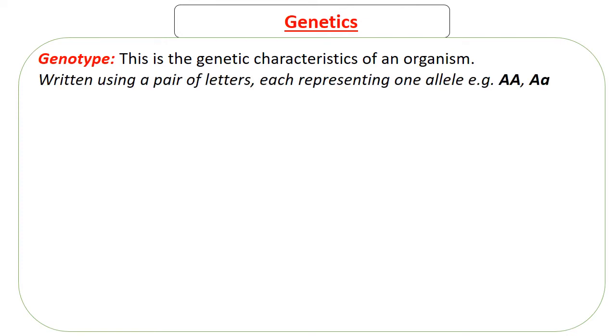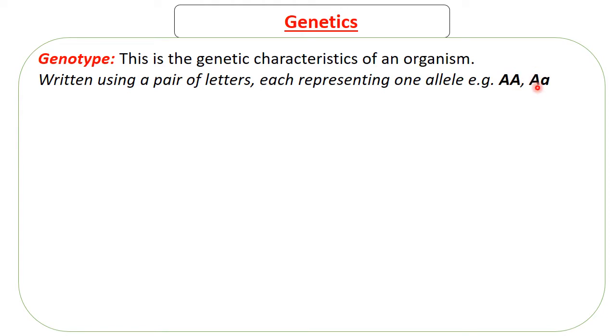Genotypes are written using a pair of letters, each representing one allele. For example, if we're talking about height, let's say A represents height, then capital A we can say is tallness, then small a we can say is shortness. So this is an allele and this is an allele.